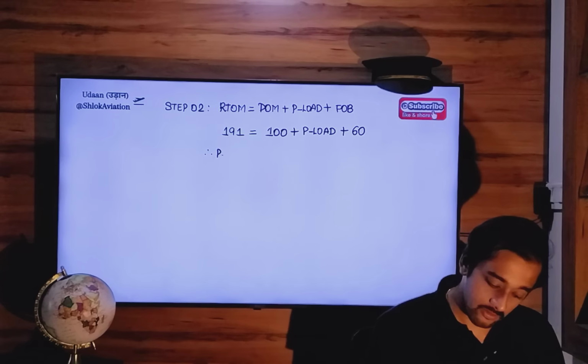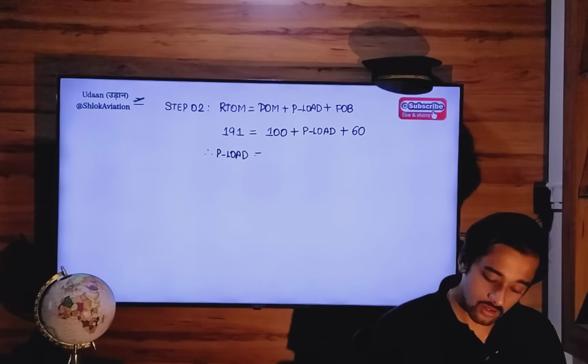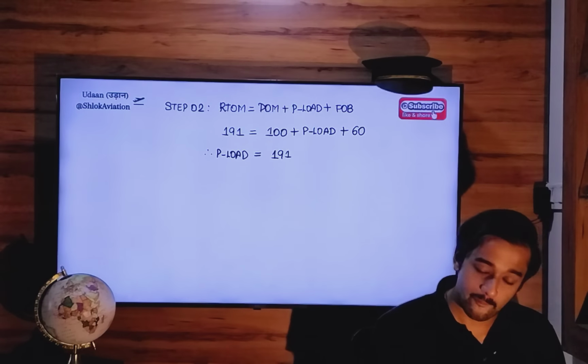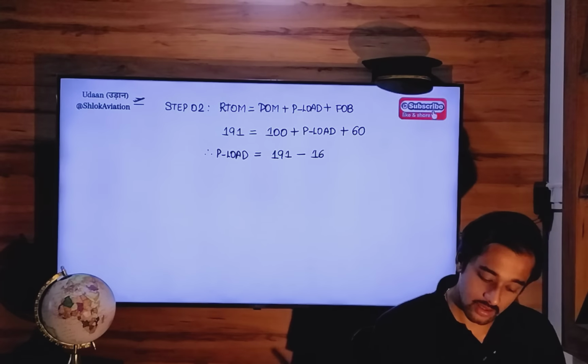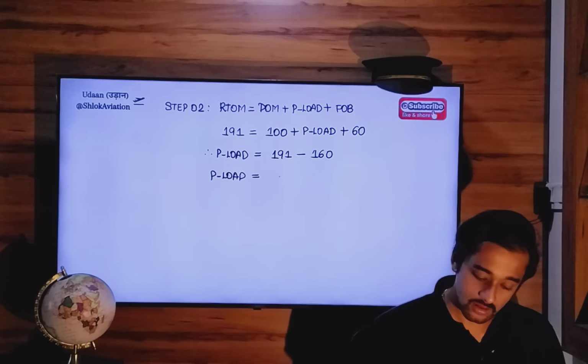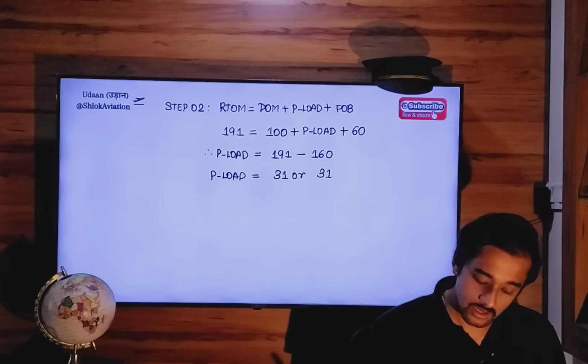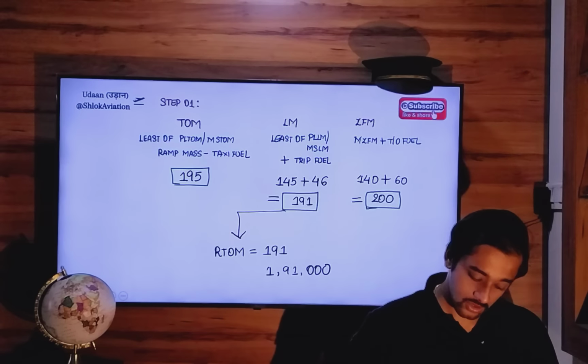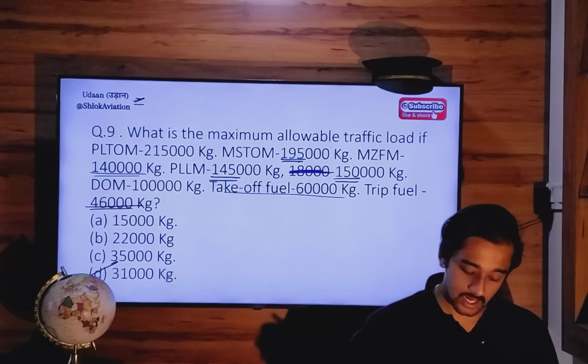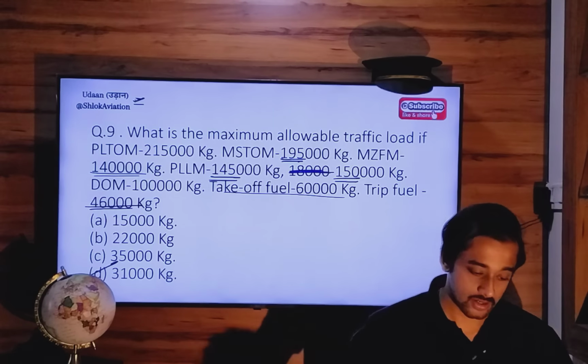Therefore, payload will be equal to 191 minus 160. So payload will be equal to 31 or 31,000 kg. So the correct option is option delta, 31,000 kg.